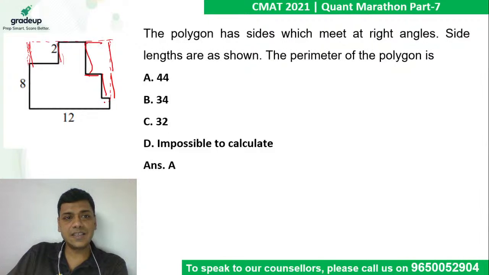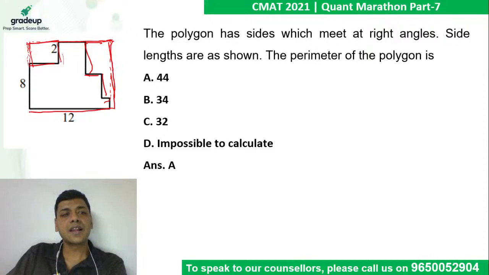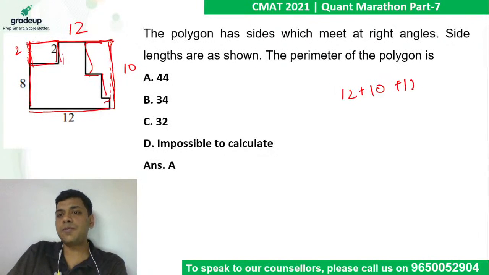So I have to find the perimeter of this complete rectangle. When this side is 12, this side is 12. If this length is 2, this length becomes 2 and this complete side becomes 10. So it is basically 12 plus 10 plus 12 plus 10, which gives me 44.